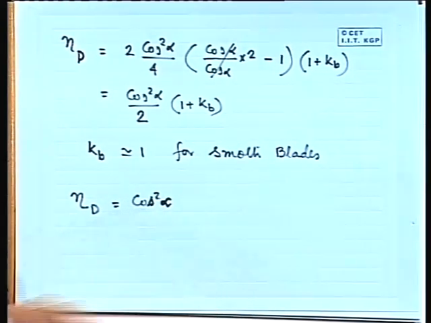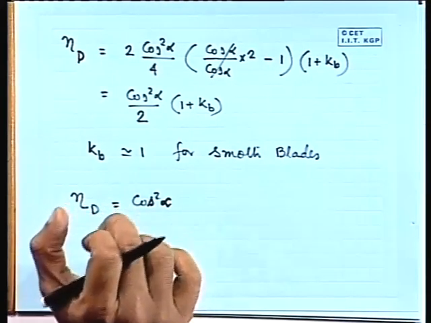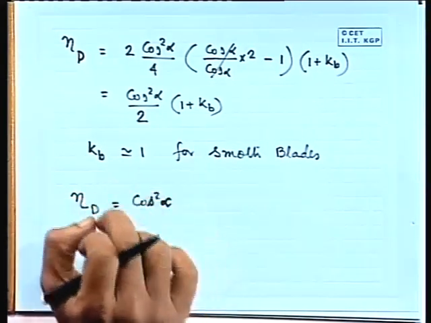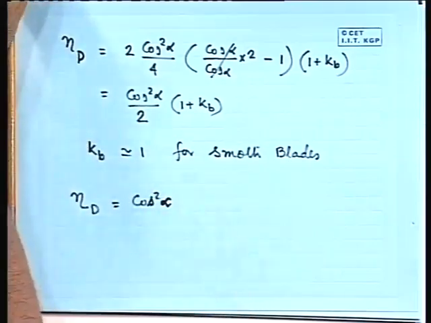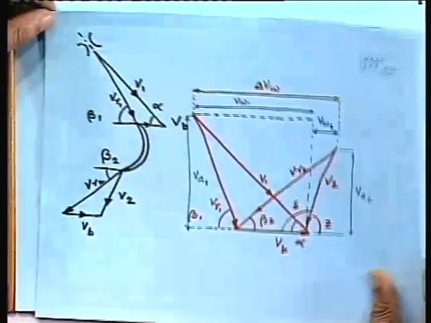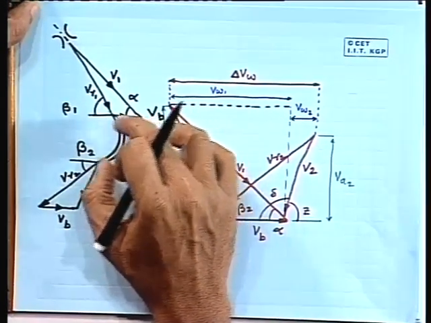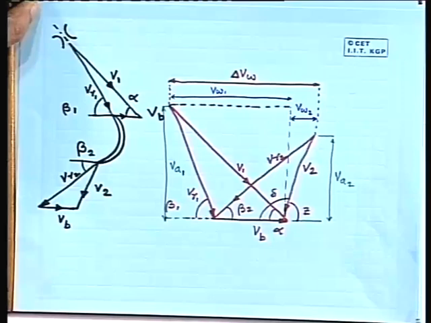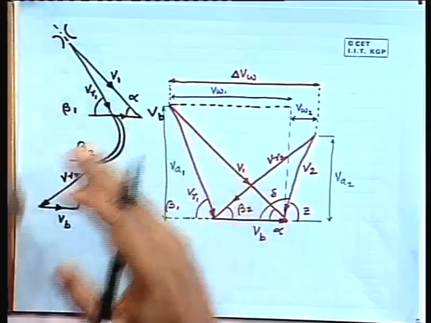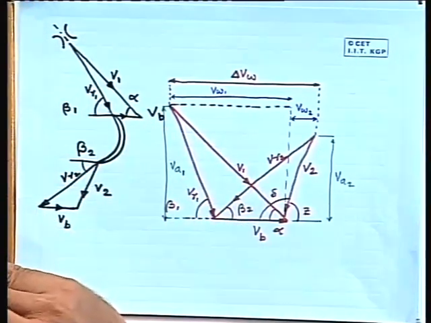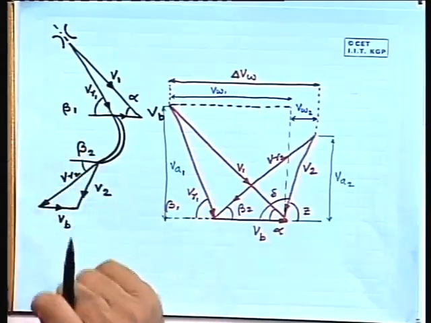So, from here again it is interesting to see that eta d will have a high value if the value of cos alpha is high. Now, if cos alpha value has to be high, then this angle has to be very small. But we cannot make it very small due to the mechanical construction.